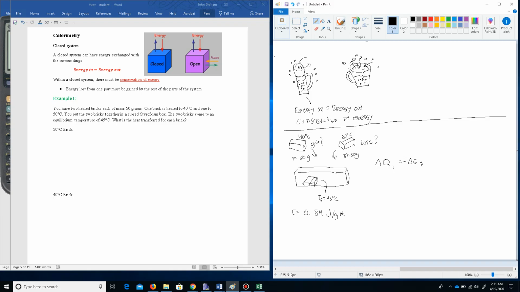We can rewrite this: M1, this one M2. M1 times the specific heat of the brick, which is the same so I don't have to relabel it, times the change in temperature of 1, equals the negative of the mass of the second times specific heat times the change in temperature of 2.